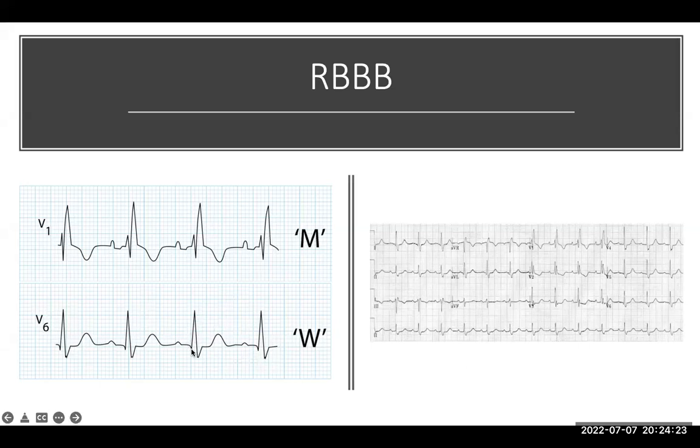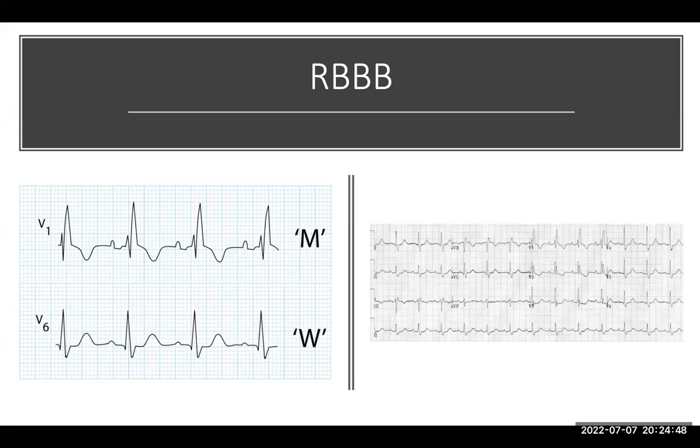Now this W may be a bit tricky, but when you look very clearly, sometimes you can even magnify, the S wave here is usually notched. And now, when you see a deep, broad S wave in V6 and a notched R wave in V1, and the QRS is wide, that is right bundle branch block.